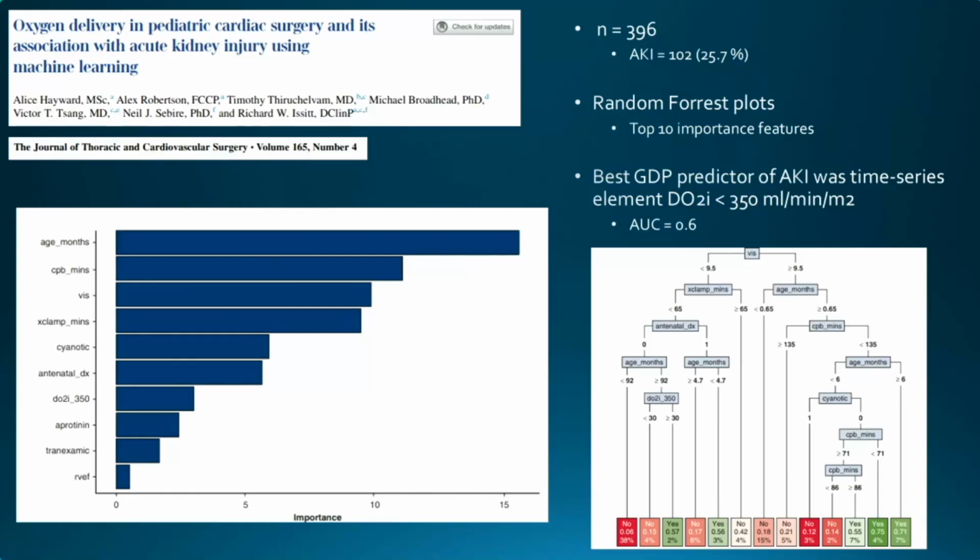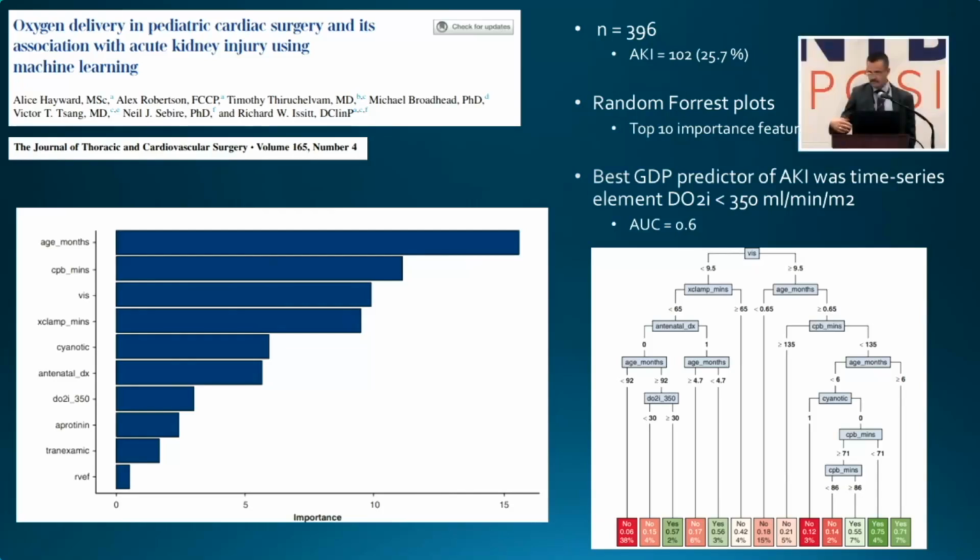But if we go down the list there, we see oxygen delivery less than 350 mLs per minute per meter squared in their top 10 list. And this is just an example of how the logic happens in random forest plots. It's a series of nodes and decisions to predict an outcome.